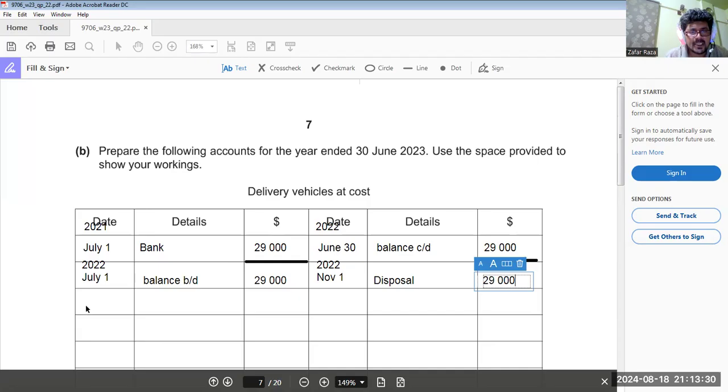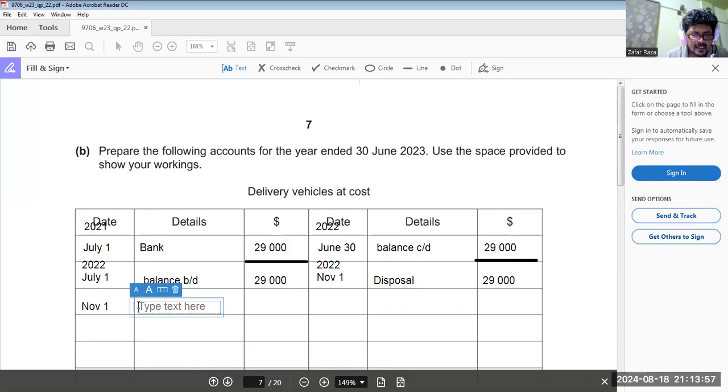And on the same day, November 1st 2022, we bought a new machine. But it was not paid directly through the bank, but in exchange.